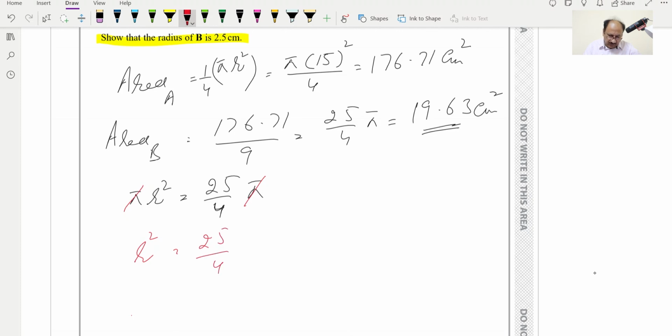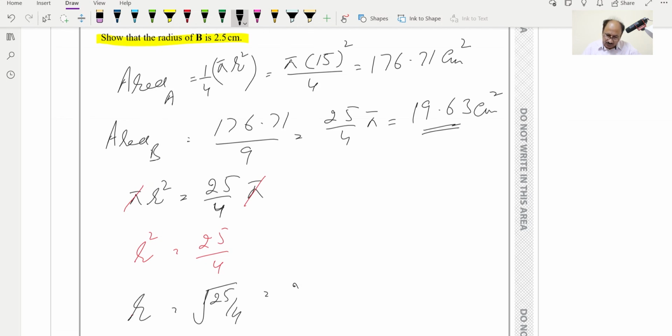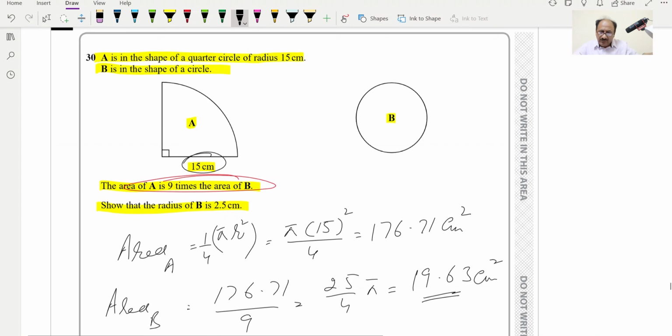R will be equal to the square root of 25 by 4, which is equal to 2.5. So 2.5 centimeters is the radius of this circle B, which is done.